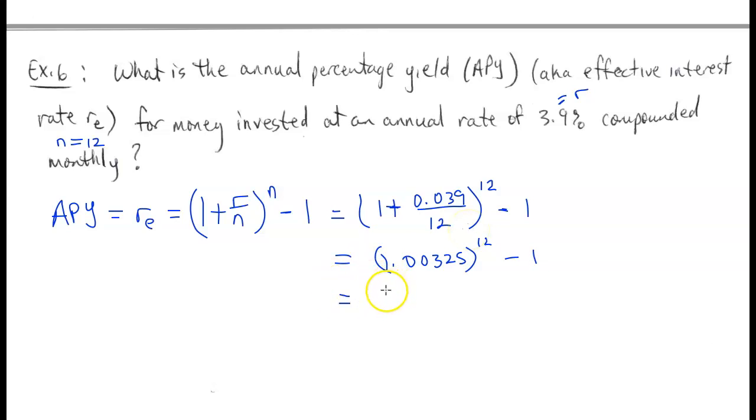If we put that into a calculator, this would be 0.0397047327.